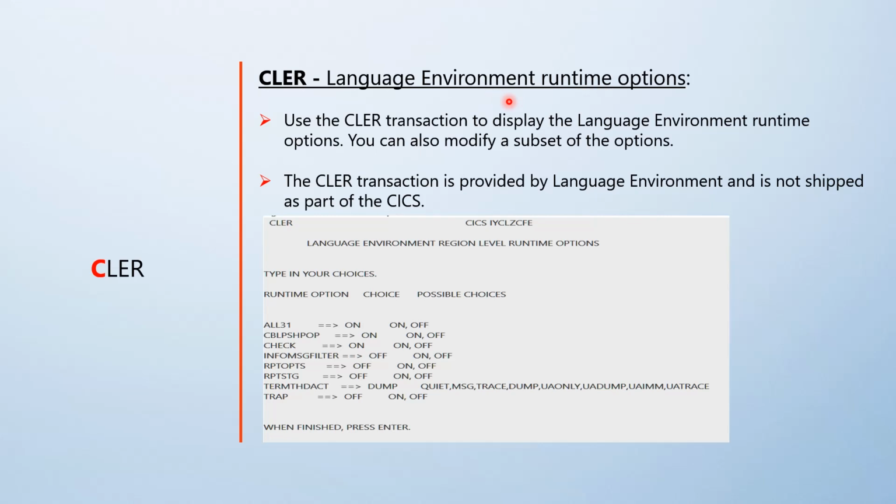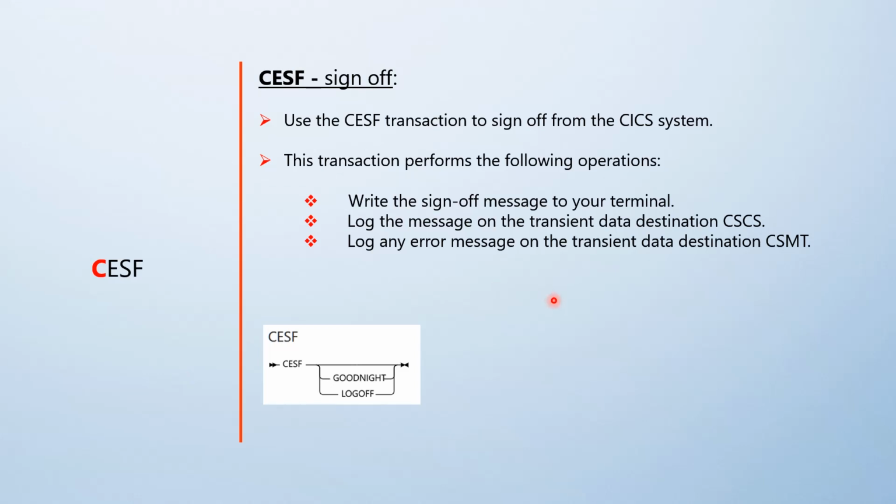Sometimes you can tune these parameters and get better throughput, and a few options are dynamically editable or changeable. If you are interested in knowing what runtime options a region has pertaining to LE, you can use this transaction CLER.